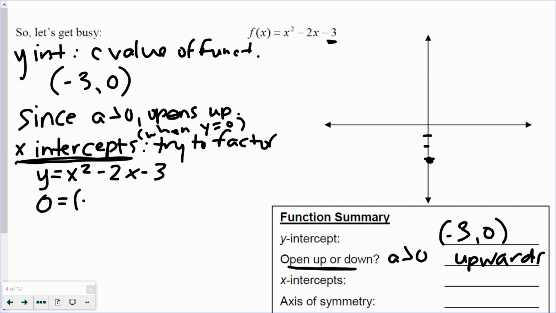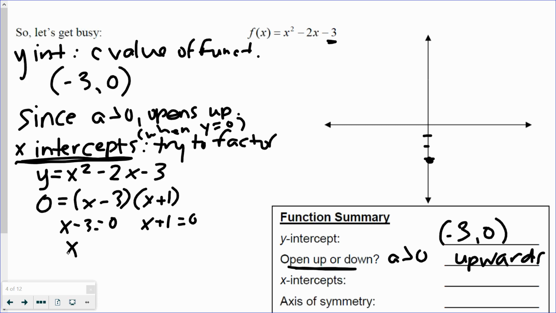So I'm not going to go through the steps again. We factored that trinomial. So it was x minus 3 times x plus 1. And then we figured out the x-intercepts by setting each of those individual factors equal to 0. So we said, again, x minus 3 equals 0, and x plus 1 equals 0.